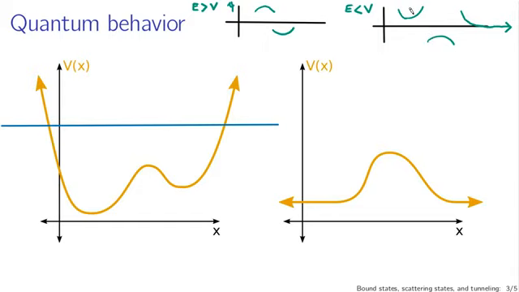So in the case of this arbitrary potential now, what our wave function might look like, I'll plot psi in green here. In regions where the potential is larger than the energy, we know we have to have this sort of coming towards the axis to kiss the axis sort of behavior, something like that.